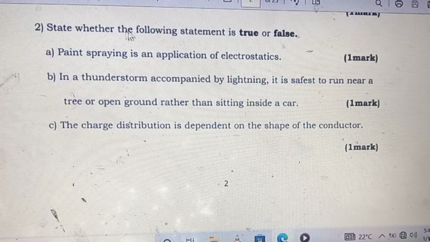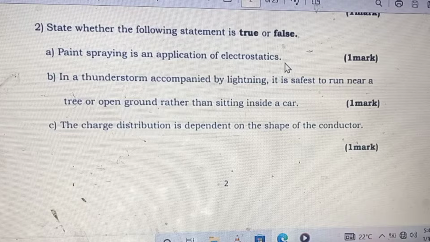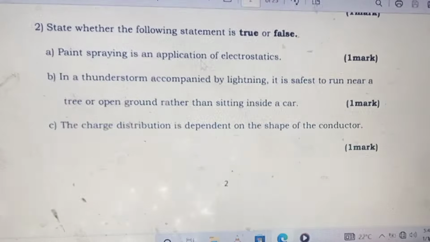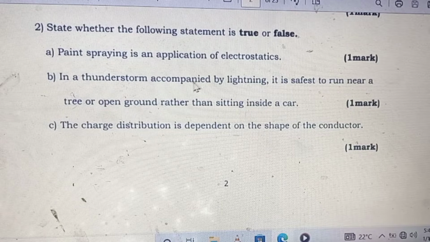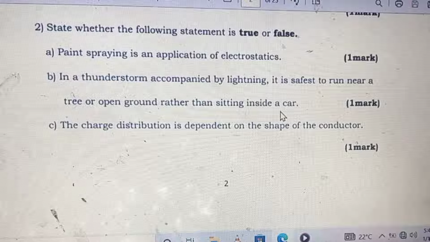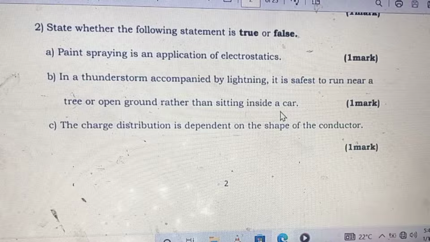Question 2. State whether the following statement is true or false. A. Paint spraying is an application of electrostatics. The correct answer is true. B. In a thunderstorm accompanied by lightning, it is safest to run near a tree or open ground rather than sitting inside a car. The correct answer is false.